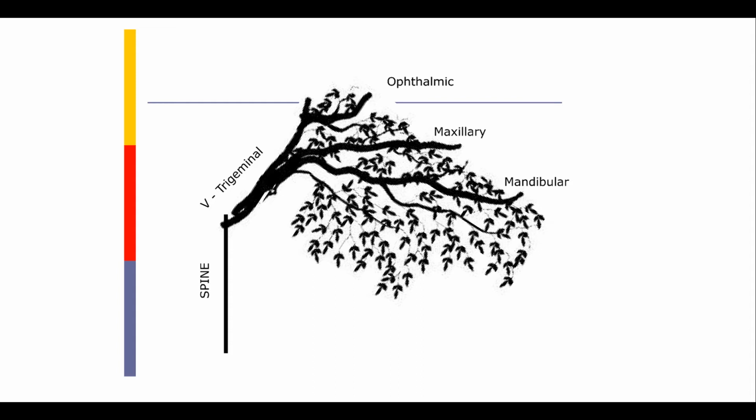The one that's numbered 5 with a Roman numeral V is called the trigeminal nerve. And off of the trigeminal nerve, there are 3 main branches: ophthalmic, maxillary, and mandibular. Off of each one of those, there are various branches, and that's what we're going to go over next.